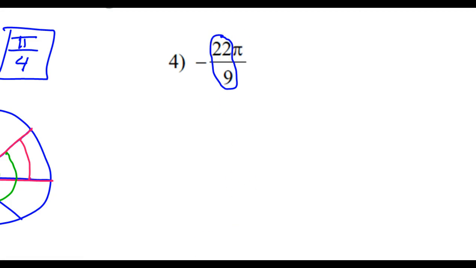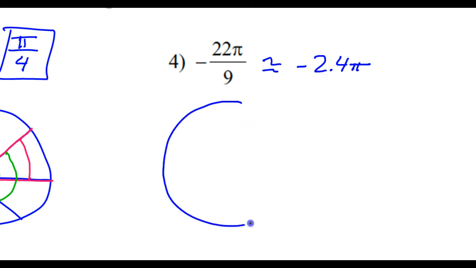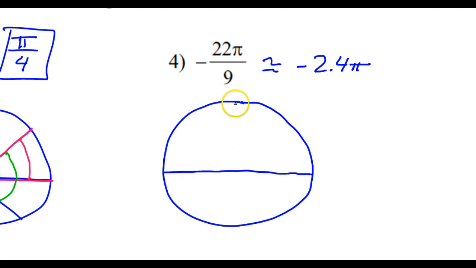That means that this fraction is approximately equal to negative 2.4 pi. So let's use that to help us figure out which quadrant we're going to be in. Let's go ahead and draw our unit circle. As always we're starting off in standard position.